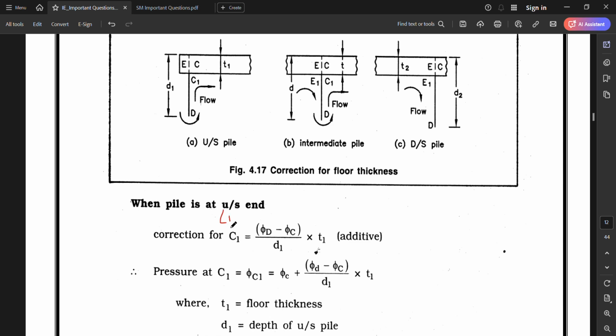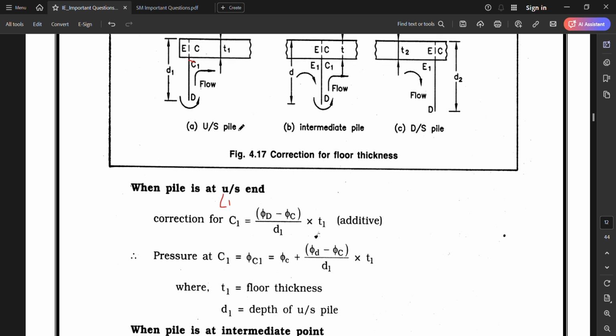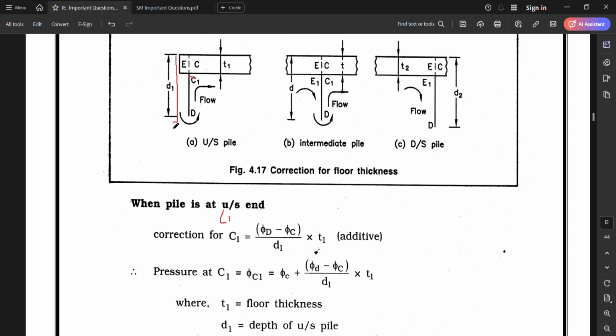C1 is equal to (phi D minus phi C) by D1 into T1, which is additive. Pressure at point C1, phi C1, is equal to phi C plus (phi D minus phi C) by D1 into T1, where T1 is the floor thickness and D1 is the depth of the upstream pile.